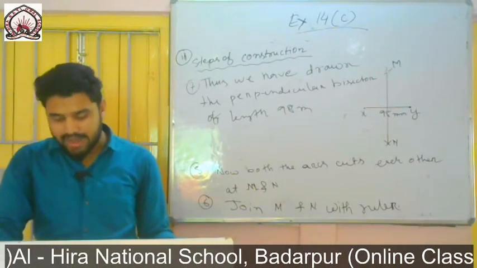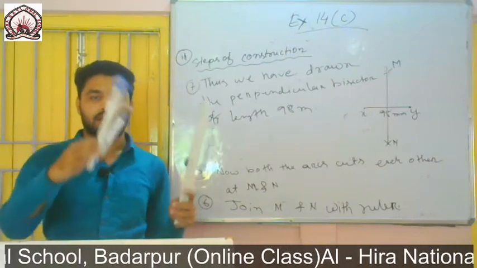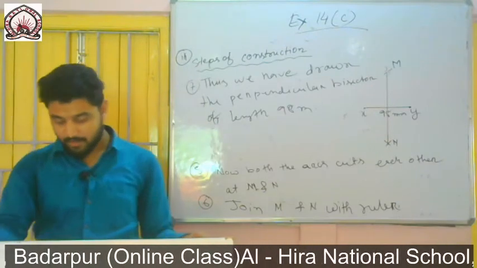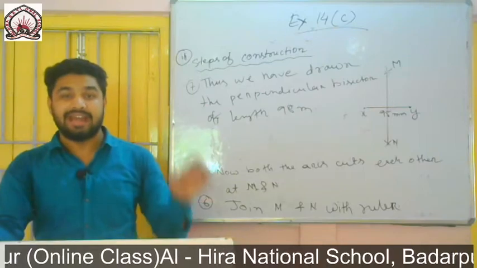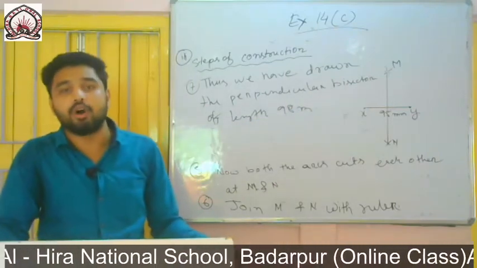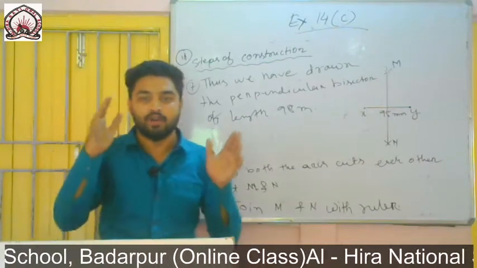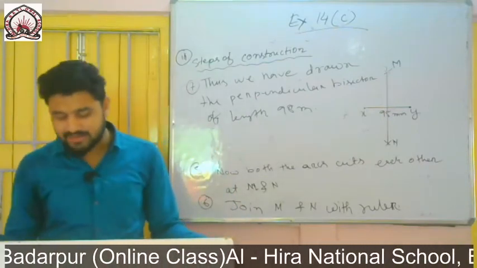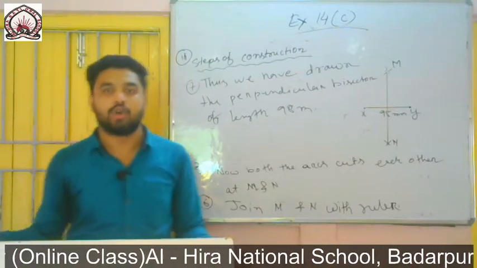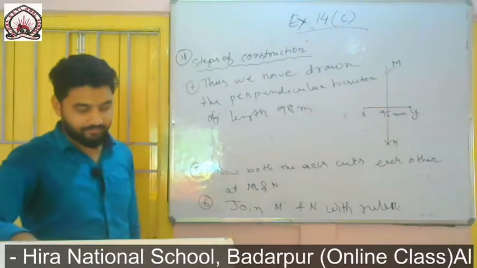Use ruler and compass to divide the line segment AB into 4 equal parts. What is the length of each part? After that we have to measure the length of each part.